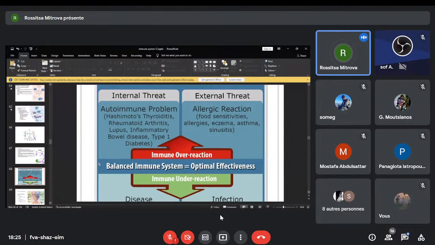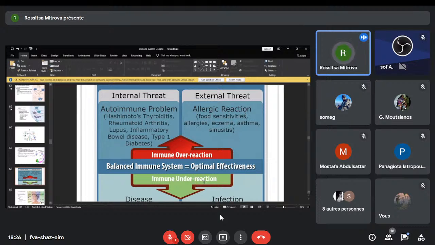Of course, the optimal effectiveness is in balanced immune systems. Otherwise, we may have immune overreaction or immune underreaction. The overreaction as an internal threat is the autoimmune problem, while the external threat of overreaction is the allergic reactions.